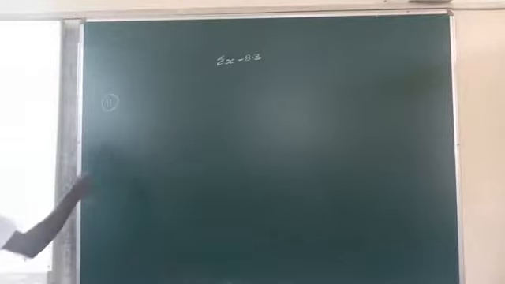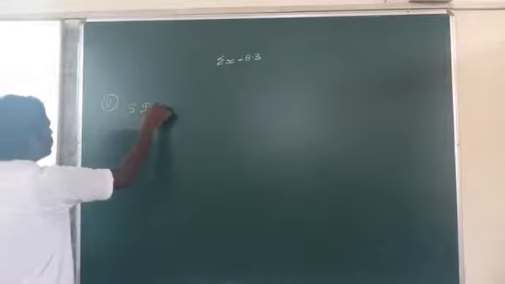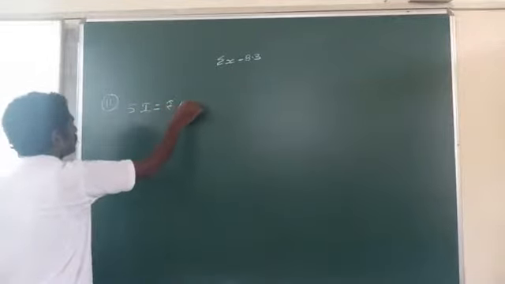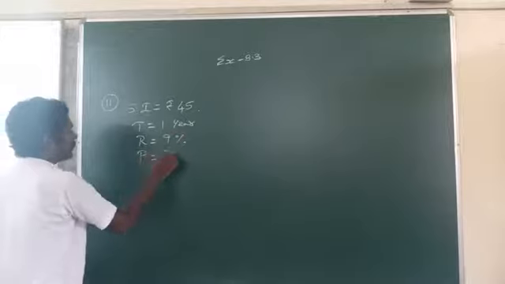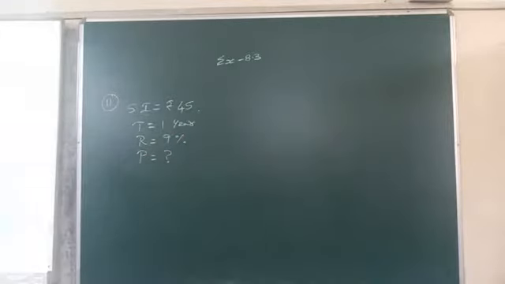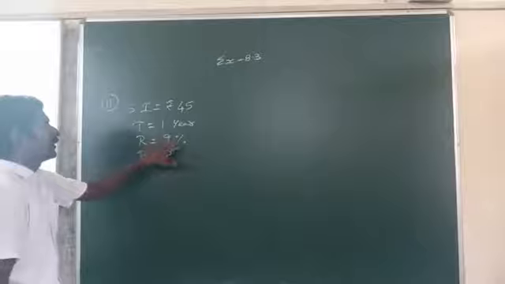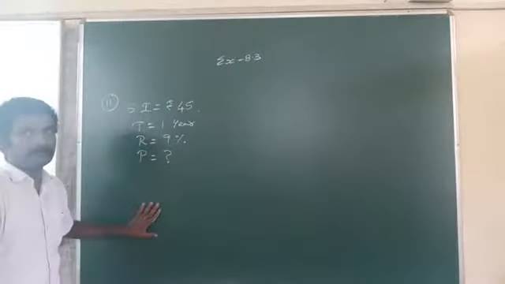So simple interest is rupees 45, and the time period is 1 year. Then rate of interest is 9% per annum, so R equals 9%. You have to find the invested amount. What is the sum she borrowed? She paid rupees 45 as interest for 1 year at 9% per annum. Am I right here?